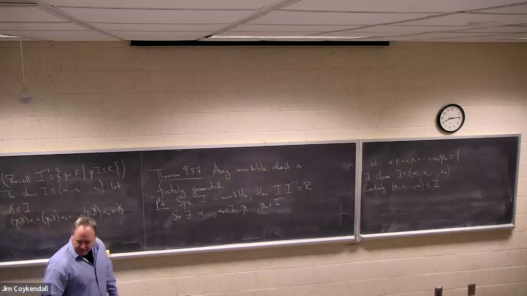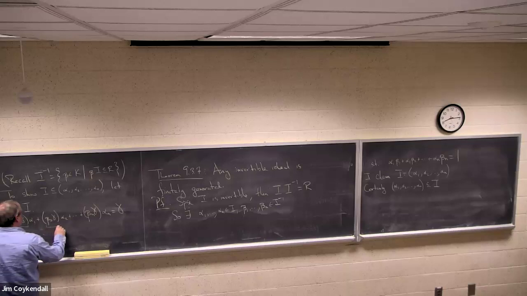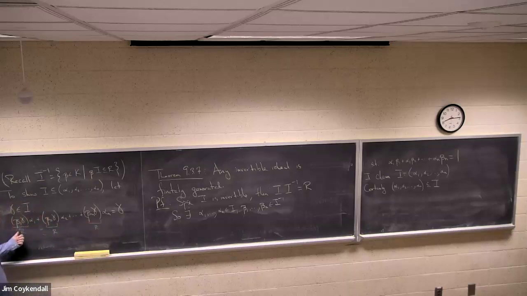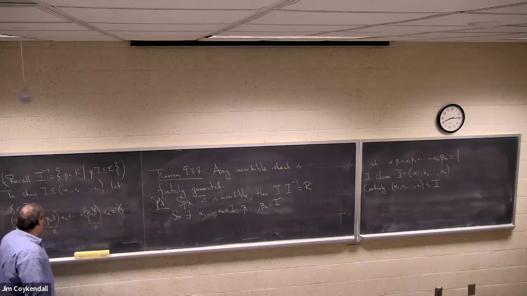Now notice that each of these things in parentheses is in R, because beta 1 is in I inverse and gamma is in I. So when you multiply those two together, it has to be in R.